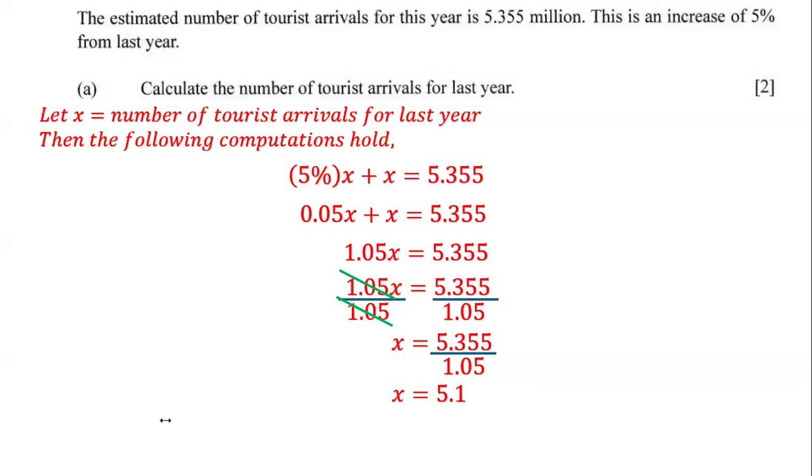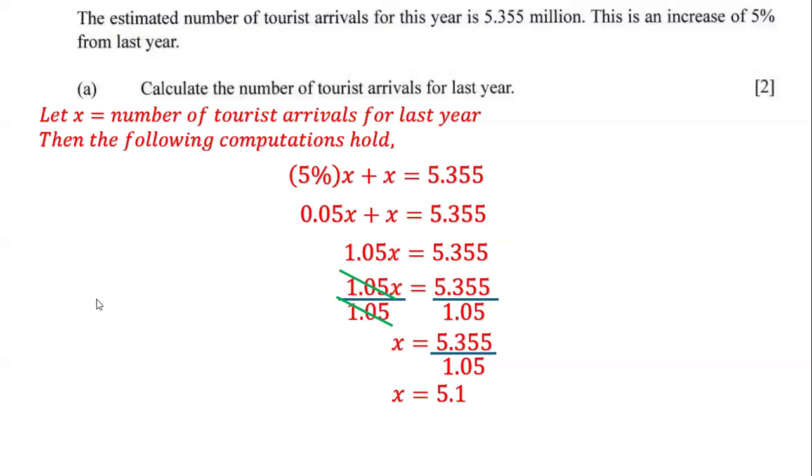The number of tourist arrivals for last year was 5.1 million. Okay, so that's the answer for this one. Okay, let's move on to the next question.